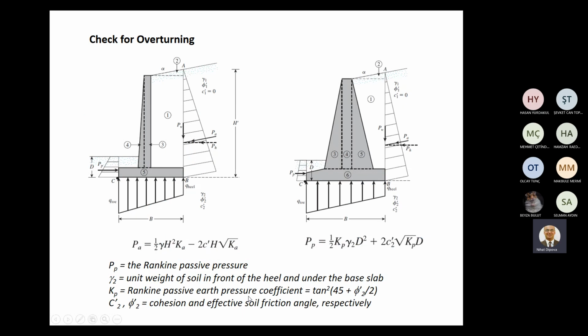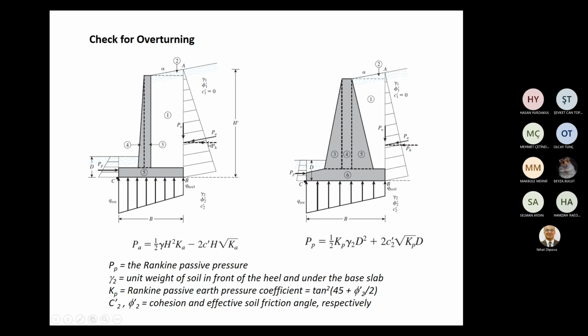In the overturning check, the moment equilibrium will be taken about this point C. For this overturning check, the only force which forces this wall to overturn is the horizontal component of this PA.